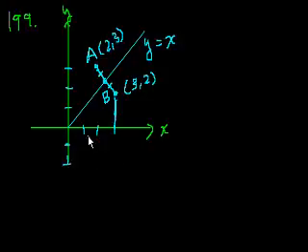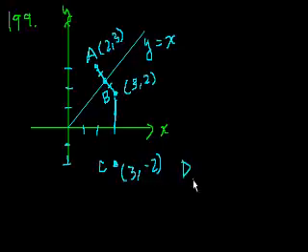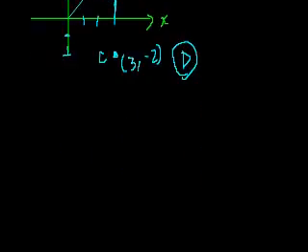So B is 2 above the x-axis, so C is going to be 2 below the x-axis. So that's where C is. And x is, at that point, equal to 3. And so this y would be equal to -2. So what are the coordinates of point C? 3, -2. And that is choice D. Interesting problem. Problem 200.